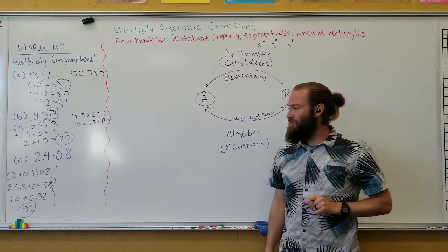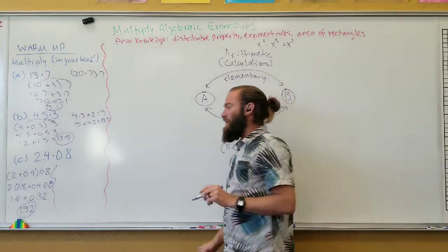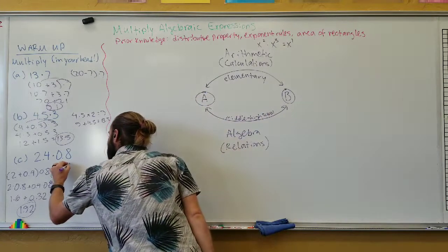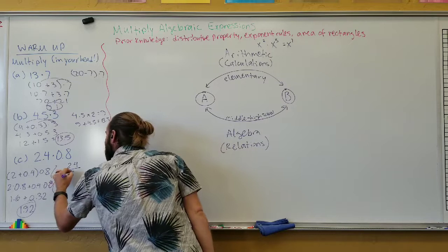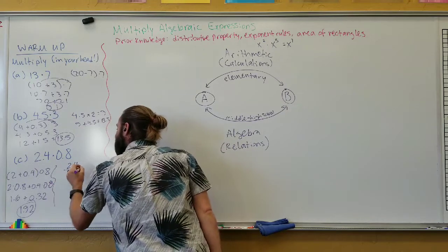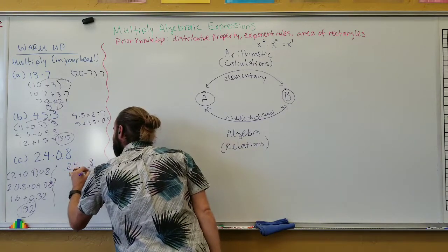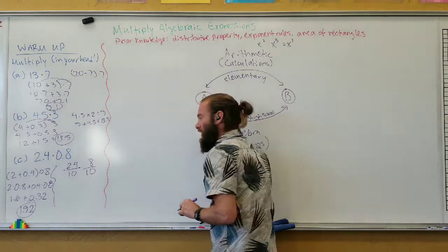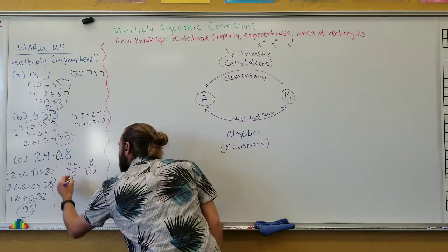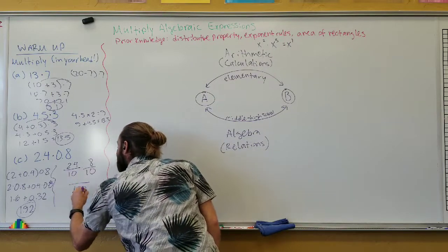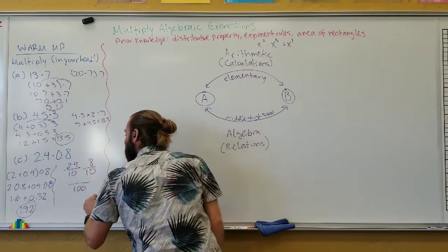One last thing to talk about for this, as I was going to mention, is I think this is a really cool way to think about it, especially since we've talked about decimals recently. 2.4 is 24 over 10, and 0.8 is 8 over 10, right? And multiplying fractions, I guess I could have put that in our prior knowledge, would make this become over 100, 24 times 8.